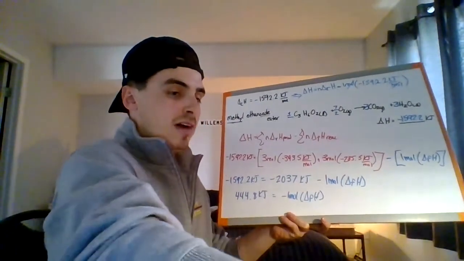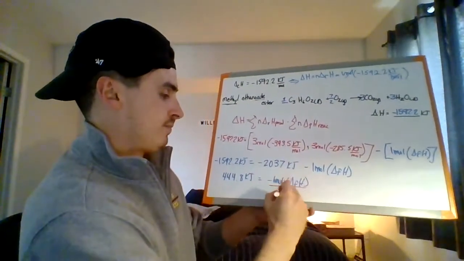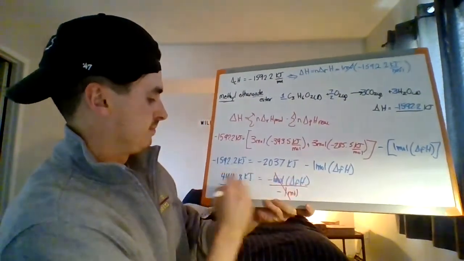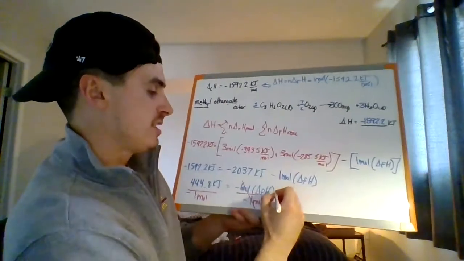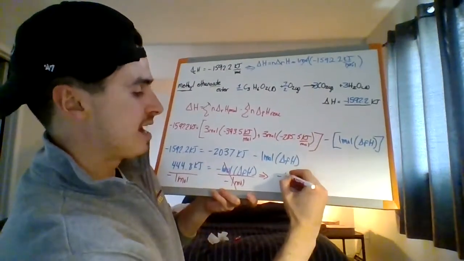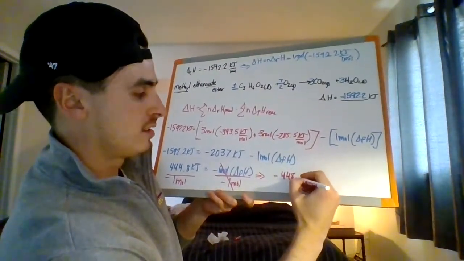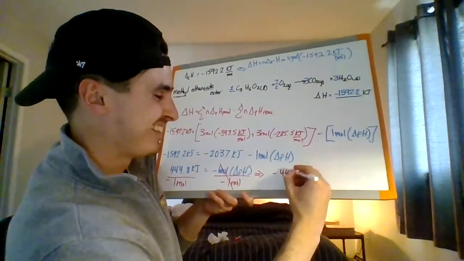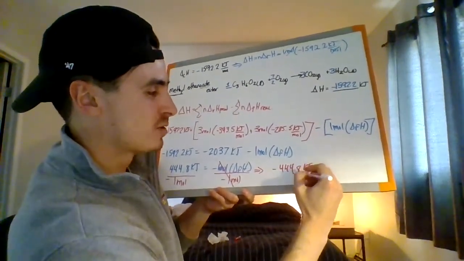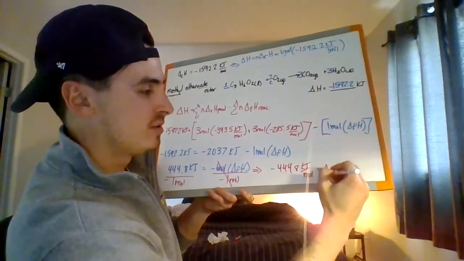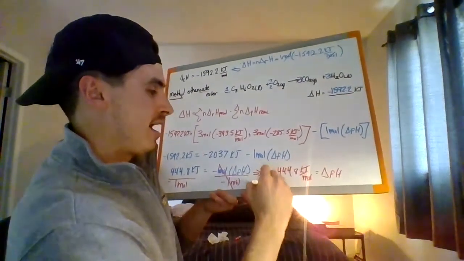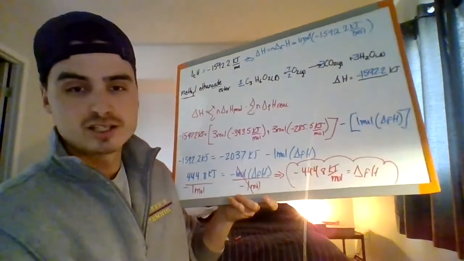All right, I'm going to divide both sides by negative 1 mole to get rid of that. And then you should probably see what's going to happen. I'm going to get negative 444.8 kilojoules per mole is equal to delta FH. And that is our answer.